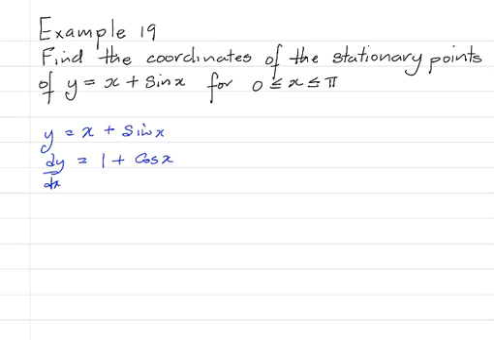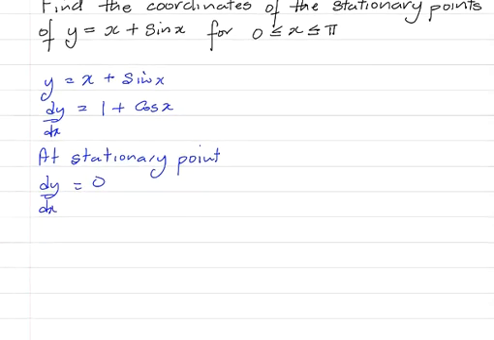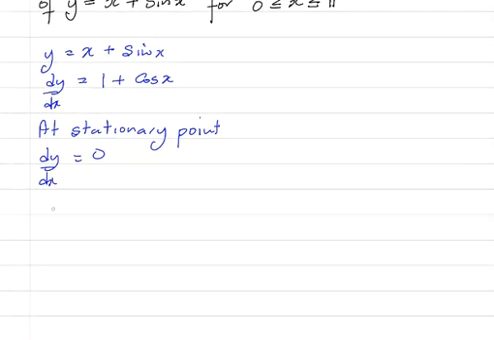Next I'm going to use the fact that at the stationary point, dy by dx is equal to 0. So 1 plus cos x is equal to 0. So cos x is equal to minus 1.